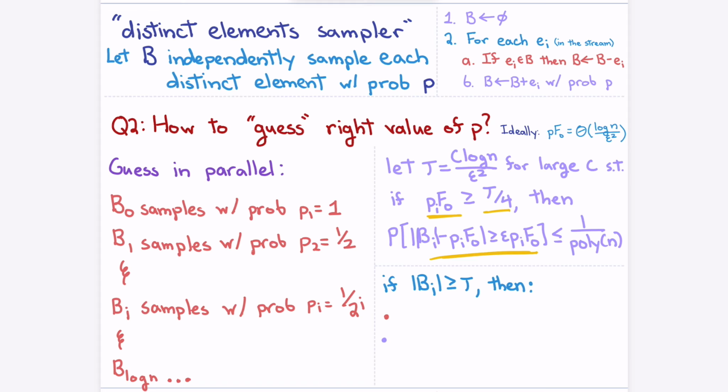Now suppose Bi has more than tau elements. What do we know? At some level, it's probably already bigger than necessary, because I really only need tau over 4 to get a reliable estimate. That also means that if I went down by a factor of 2, p i plus 1 will be big enough.